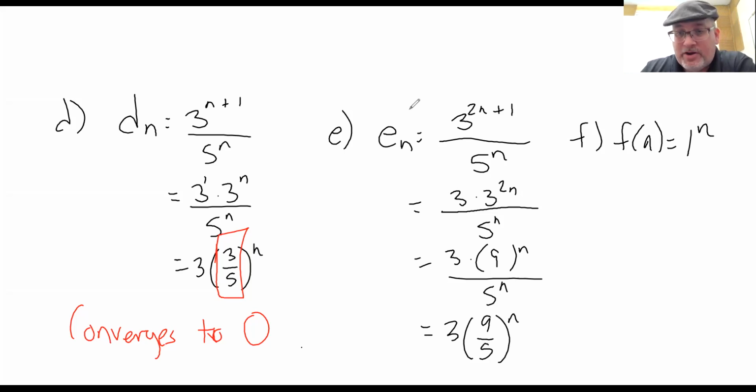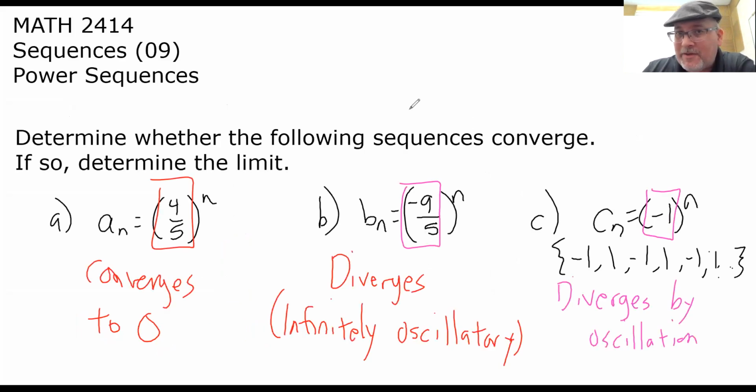But wait a minute, we already know this story. This story is kind of connected to the second one here, the -9/5. The negative caused an oscillation, alternating signs, if you will. But the 9/5, because as a decimal it's 1.8, and more importantly, more than 1, that caused it to grow infinitely large.